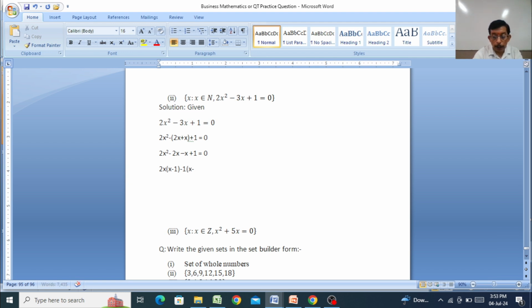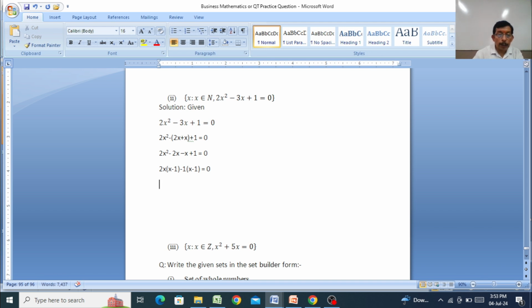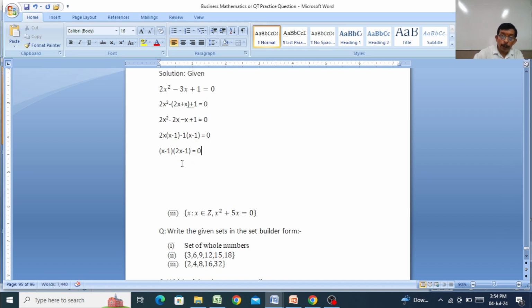Now x minus 1 is common to the whole equation, and the remaining value is 2x minus 1 is equal to 0. Now these are the factors of the given equation.